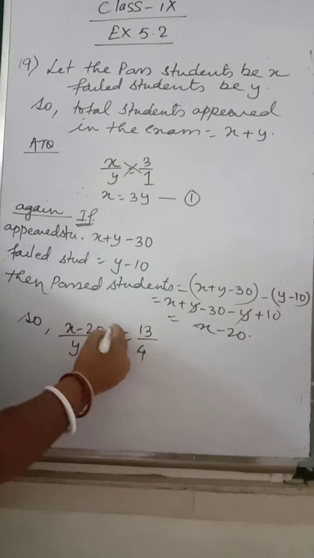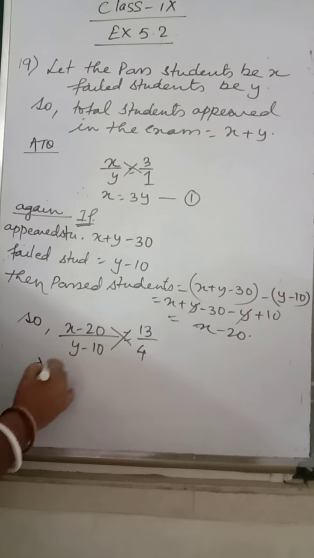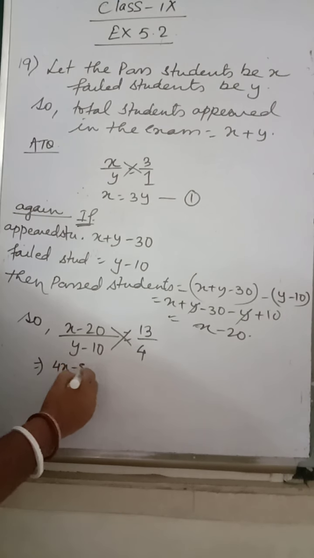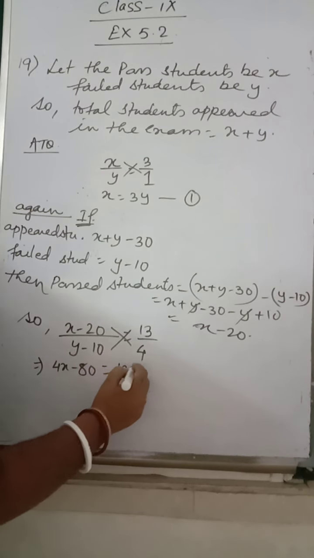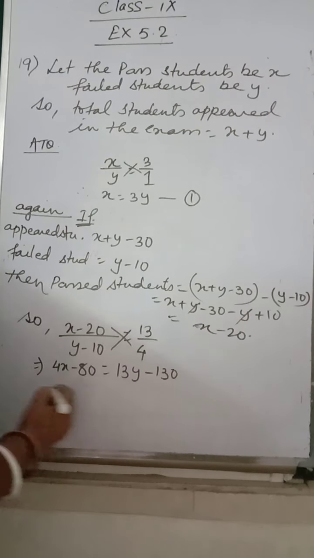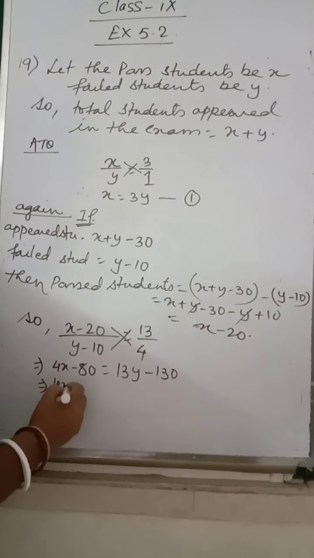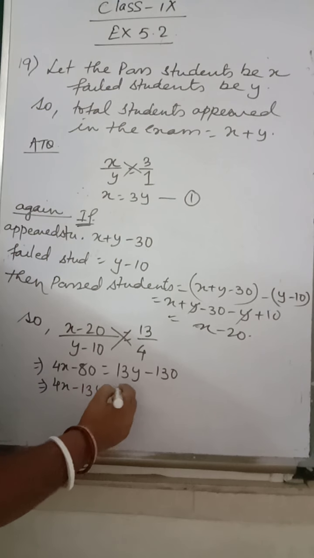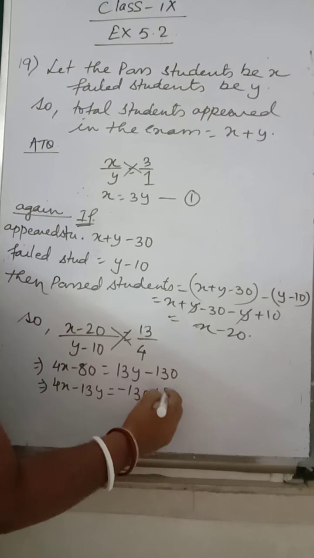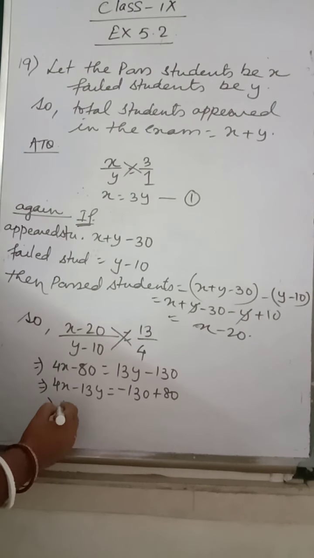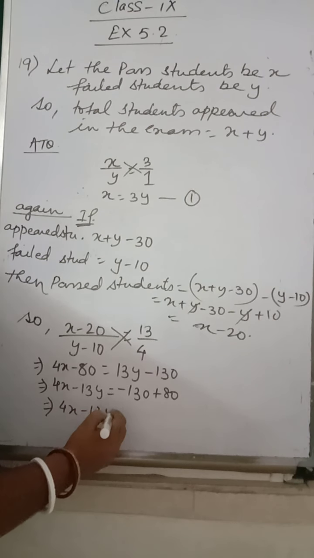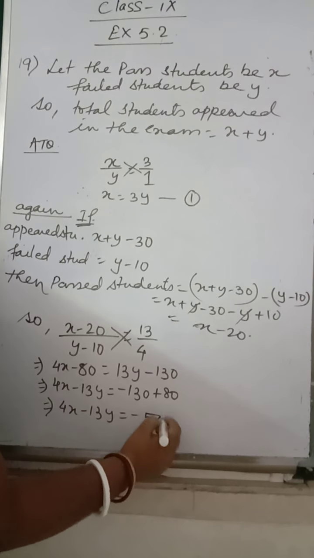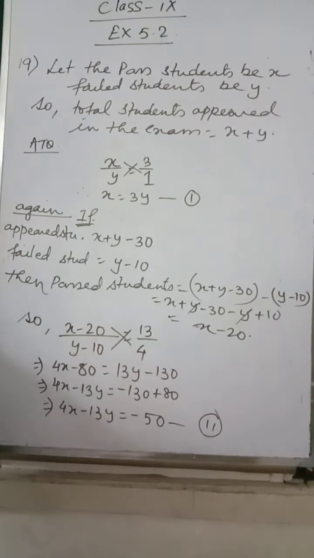So cross multiplication: 4x minus 80 equals 13y minus 130. Bring 4x minus 13y equals 130 minus 80, or it gives you 4x minus 13y is equal to minus 50, equation number 2.